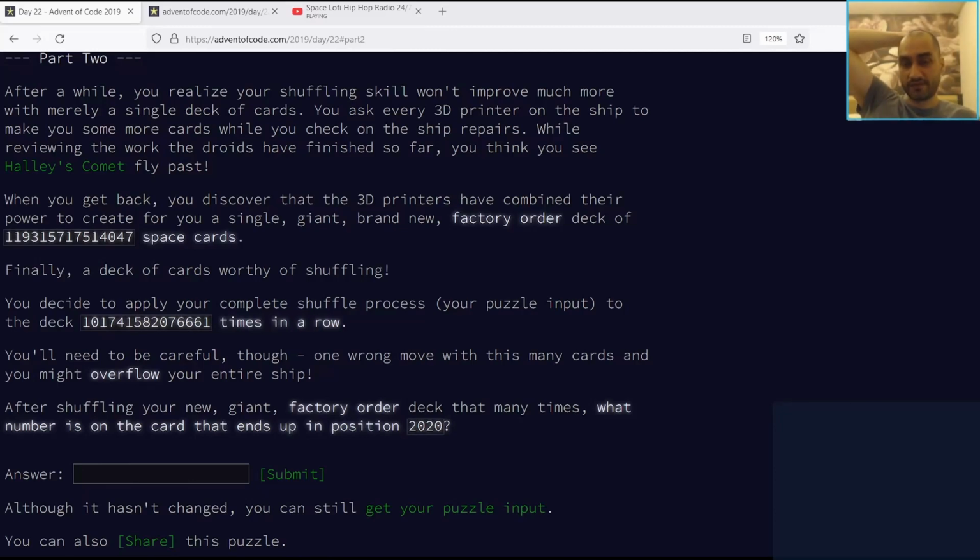So if we could just identify that cycle of cards, then we're pretty much done, aren't we? We can use modular arithmetic to work out which part of the cycle it will be in.